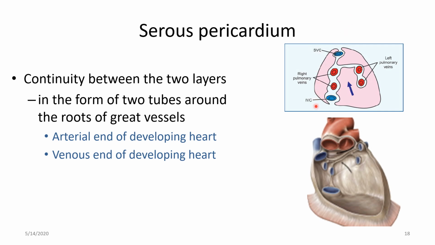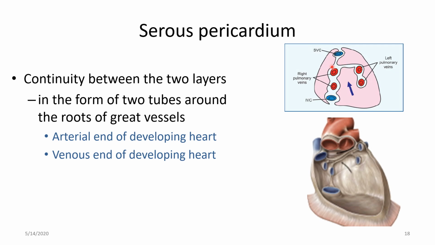In this picture, you are seeing at the venous end of the developing heart how the layers are continuous. This is the outer layer or the parietal layer, and in relation with these veins, in contact with them, this is the visceral layer. You can observe.